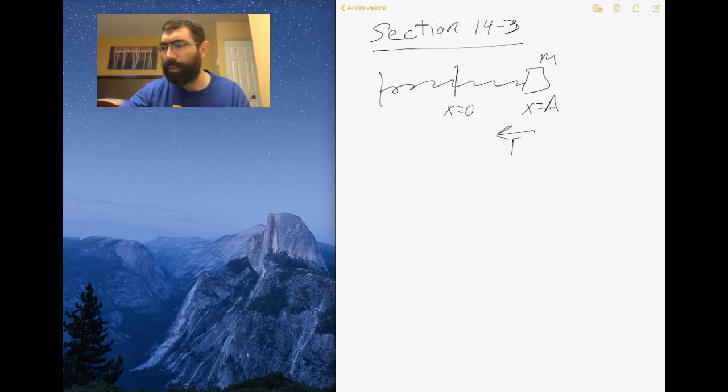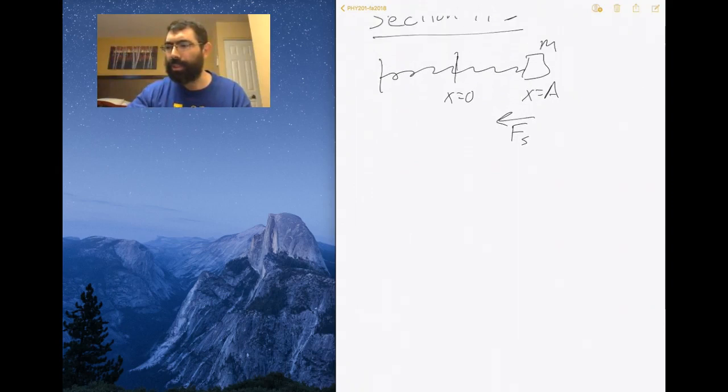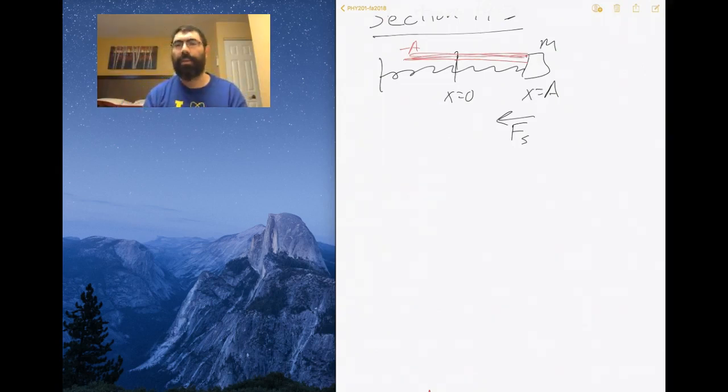So there's going to be some spring force pulling it back. That's the restoring force. Then what it should do is start at A, go to the equilibrium position, go to minus A, and then go back through the equilibrium position back to A, and just go back and forth this way.